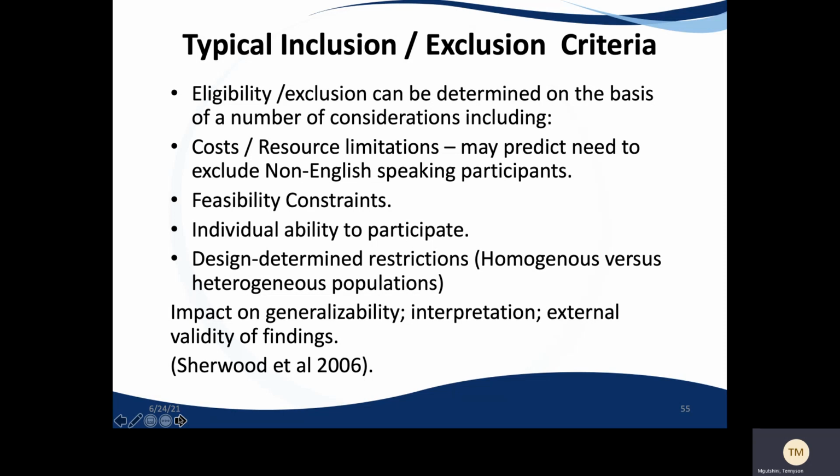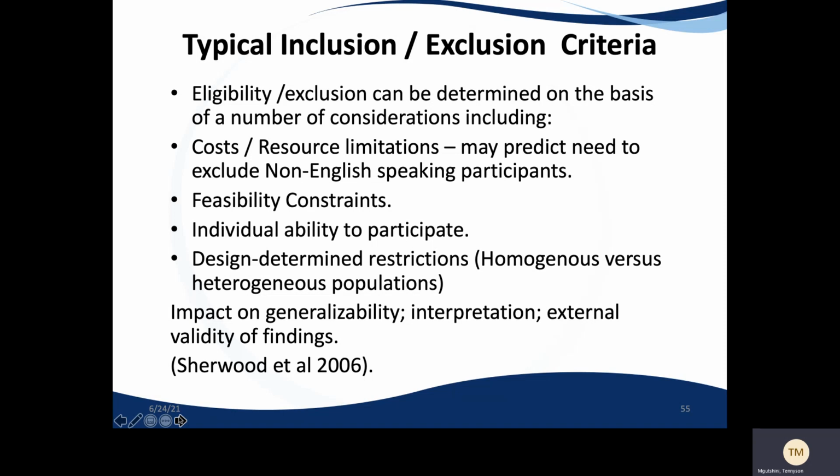And typically, when you do inclusion criteria, you look at whether there are characteristics that you're interested in, that you want to include people as a result of. Sometimes there may be things like resource limitations or associated costs that make particular elements of bigger groups difficult to engage.